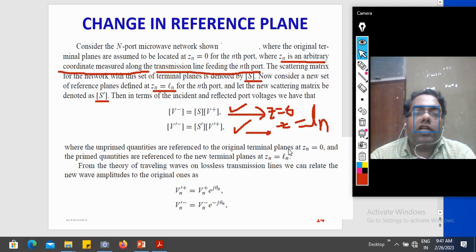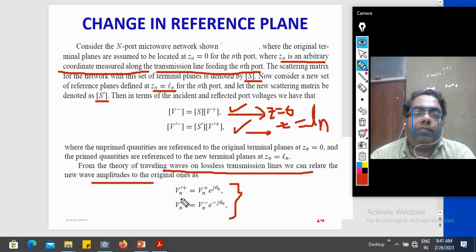Now what we can say is that from the theory of traveling waves on lossless transmission lines, we can relate the new wave amplitudes to the original ones. That means the dash quantities, which are at a certain length, will undergo a phase change from Vn plus by this amount.